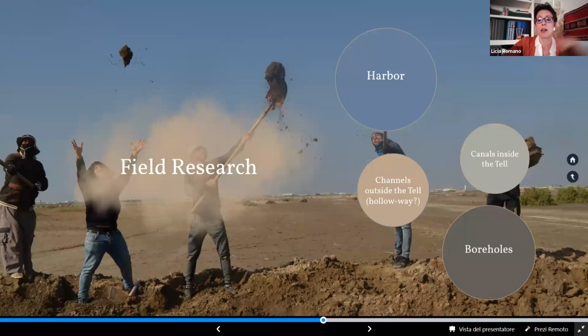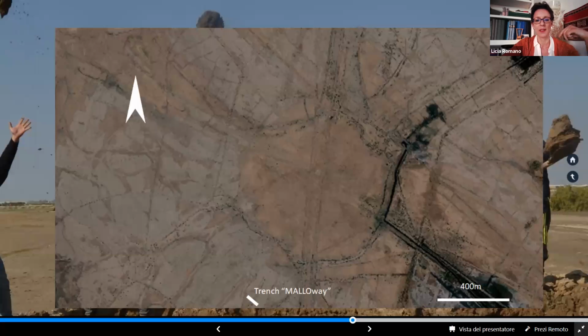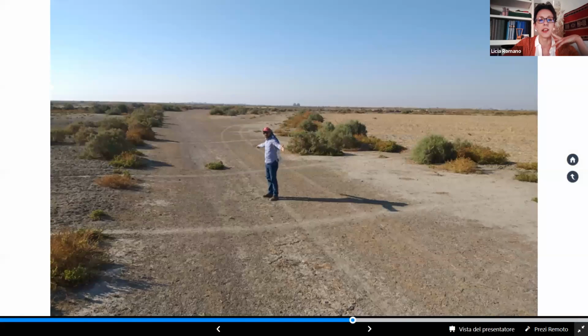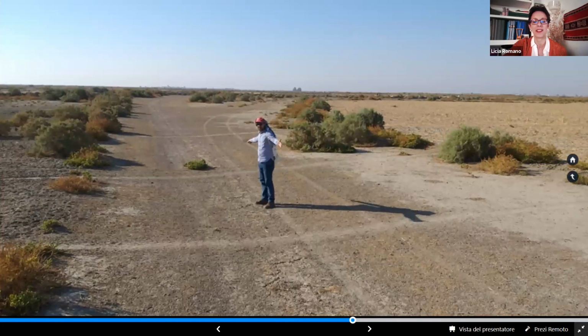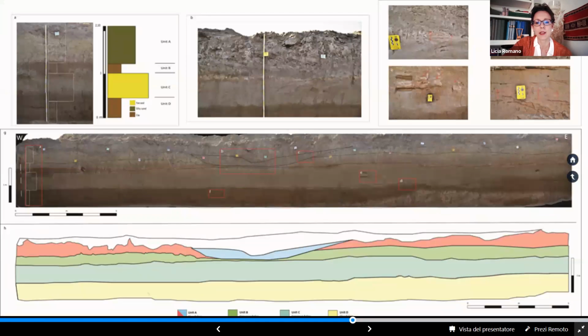Let's move outside the site. On one of those southern Mesopotamian holloways, we made a trench, and here is Jaafar, indicating the holloway. What we found is a sequence of floodplain and crevasse clay sediment with a small canal on the top.